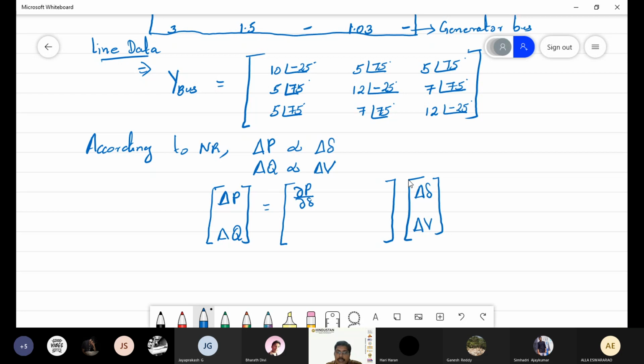I hope you can understand, that is P with respect to del, and the next term P with respect to V. And similarly for change in reactive power we can write dou Q with respect to del, and similarly dou Q with respect to V. Therefore, this thing we call a Jacobian matrix.